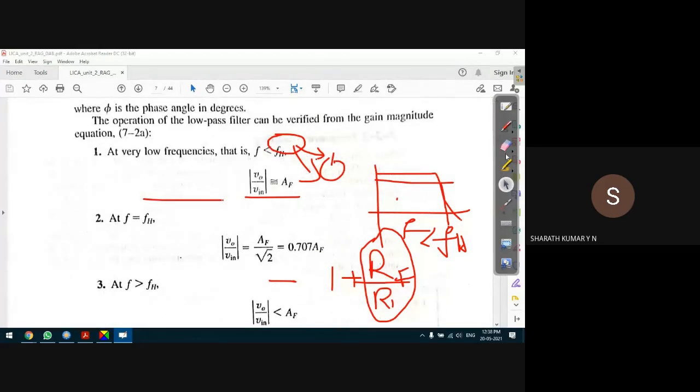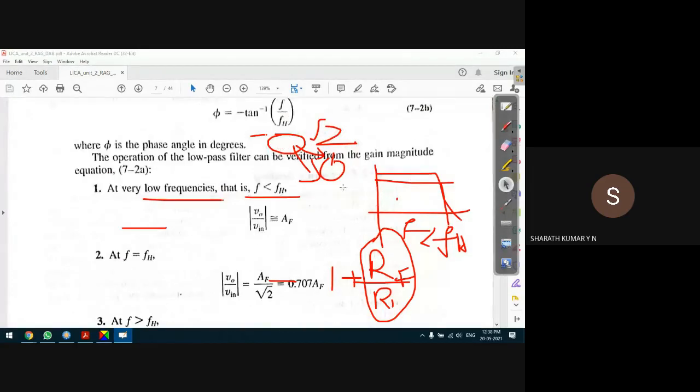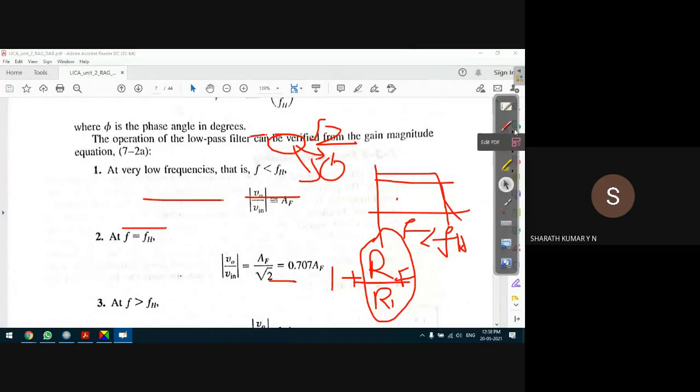Second case, F is equal to Fh. Then in the denominator we get the square root of 1 square plus 1 square, which becomes square root of 2. So in that case, it is Af by square root of 2, which is 0.707 times Af when F is equal to Fh. Somewhere here, F is equal to Fh. This is frequency, this is the gain.